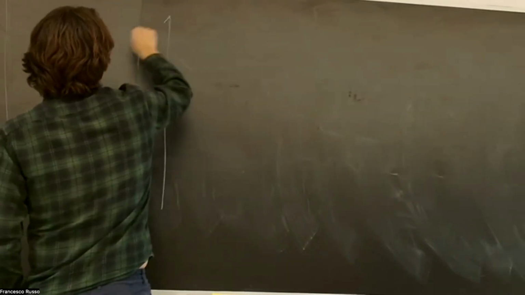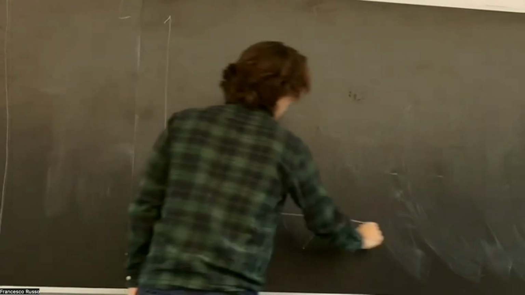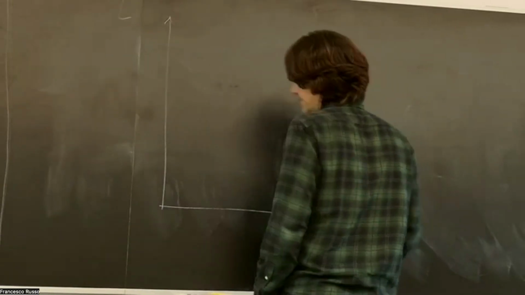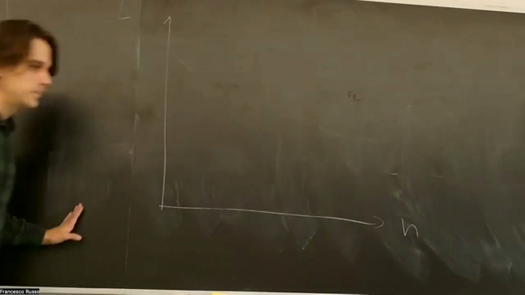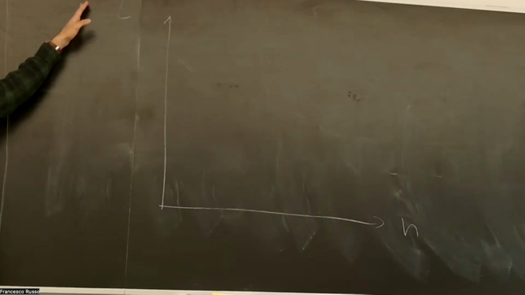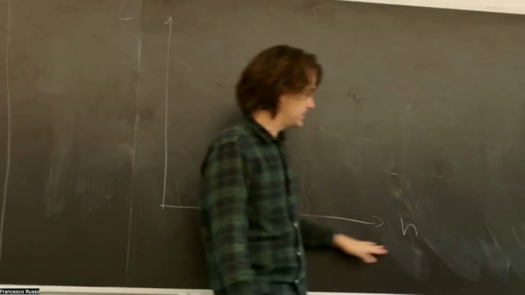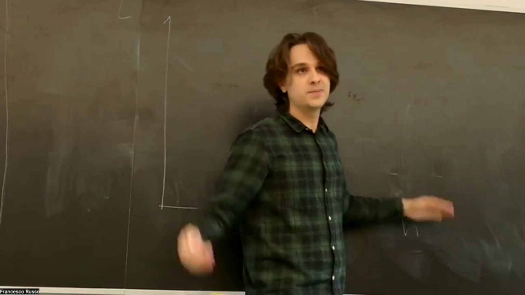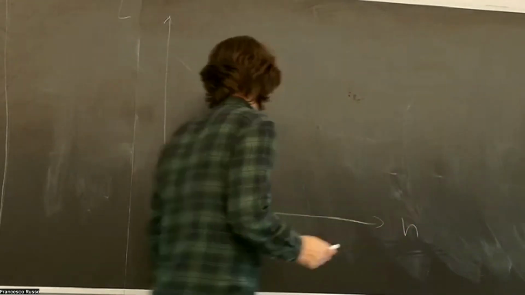So basically, if I just make a plot, which is number of these legs. Okay, so this is more accurate predictions in perturbation theory. This axis is more complex processes, so more particles involved in the processes.